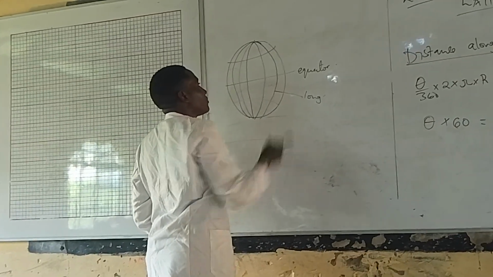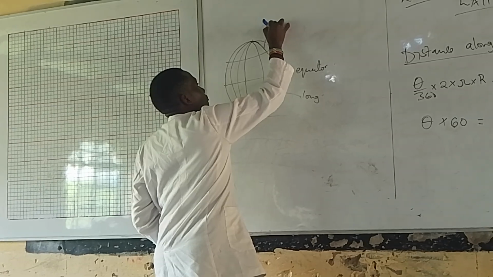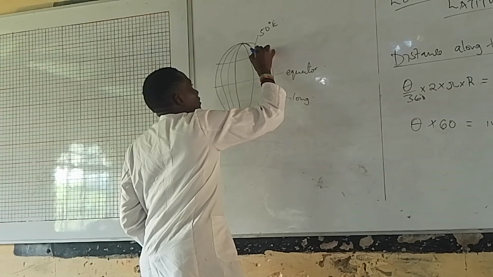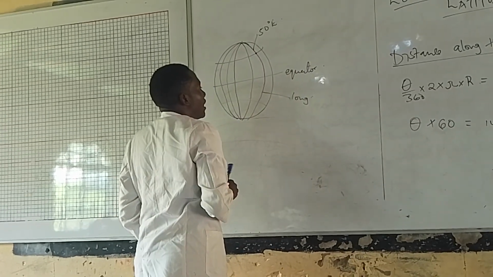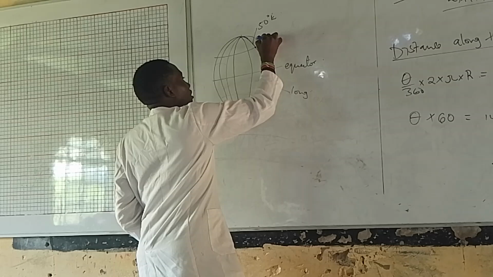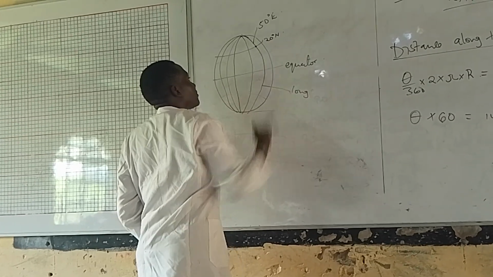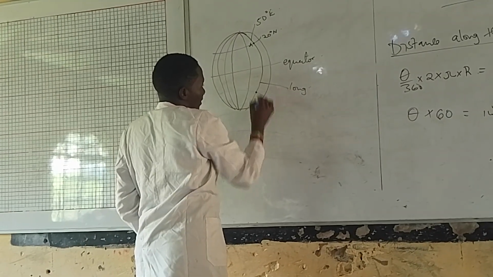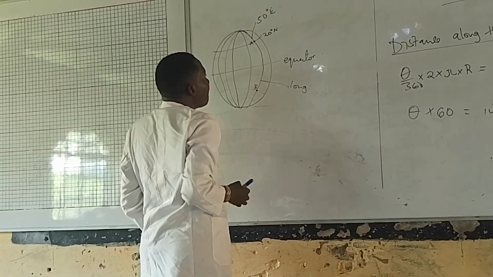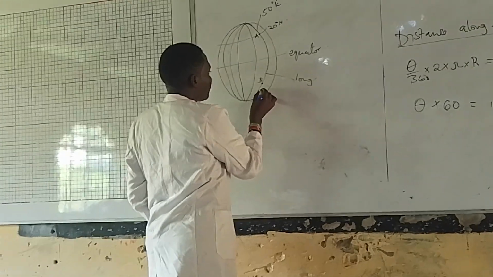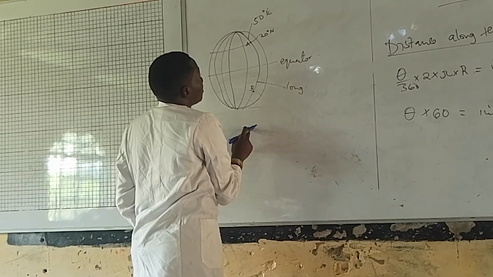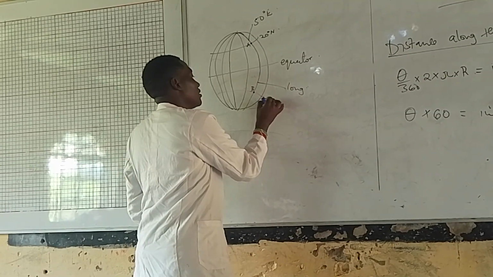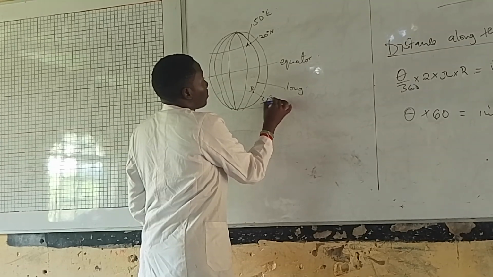Let us assume at this point it is 50 degrees east and 20 degrees north, and this is point A. Then there is a point B, which is also 50 degrees east, and let's say 30 degrees south.